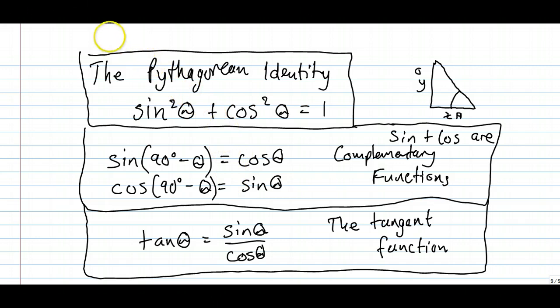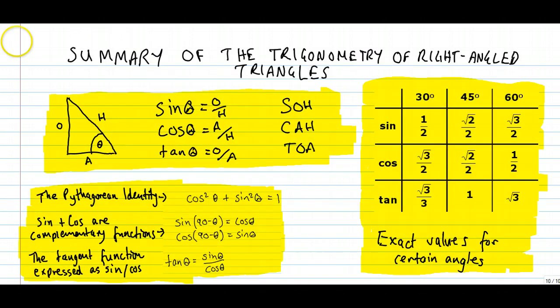So let's summarize everything that we've seen so far in this video. Okay, to finish off, here is a summary of the trigonometry of right-angled triangles that we've looked at. So we've got the 3 laws, or the 3 equations that come from SOHCAHTOA that show us how the angle of a right-angled triangle relates to the 3 sides.